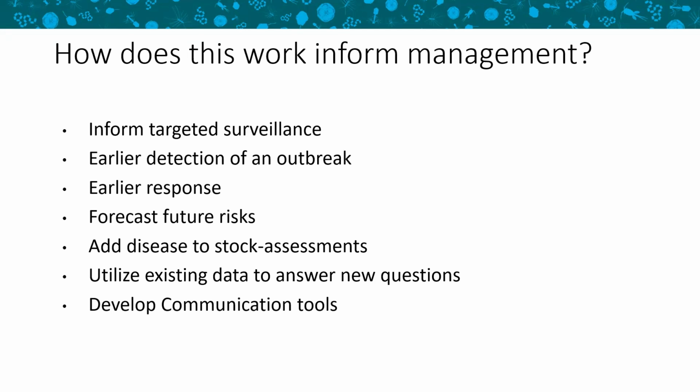I think with the increasing environmental and oceanographic models, we can use existing fisheries data to answer new questions about disease. And I think we can also use these data and models to develop communication tools where we project different scenarios and hopefully can increase understanding of the importance of this type of work.